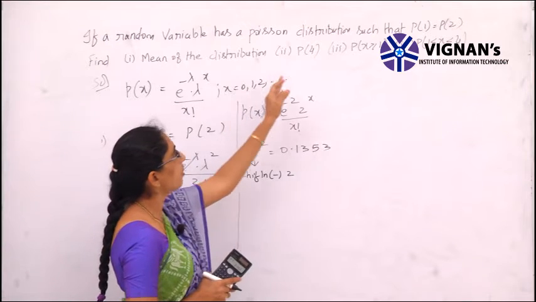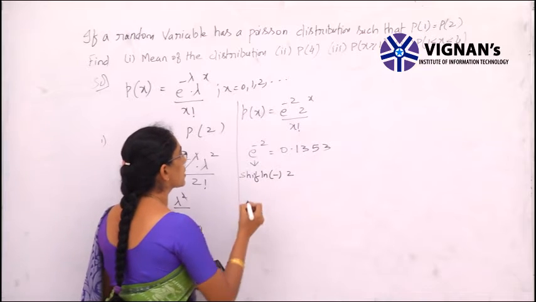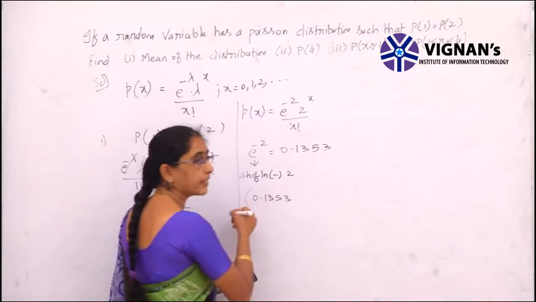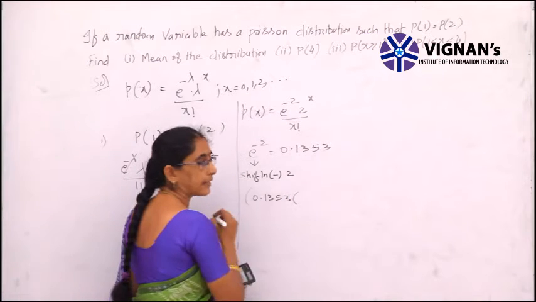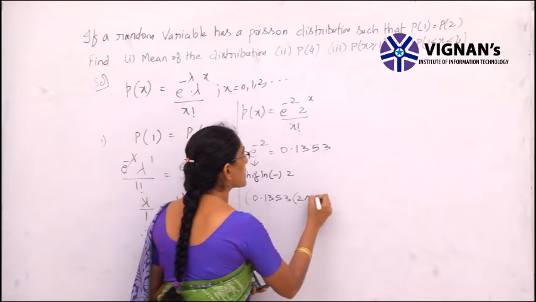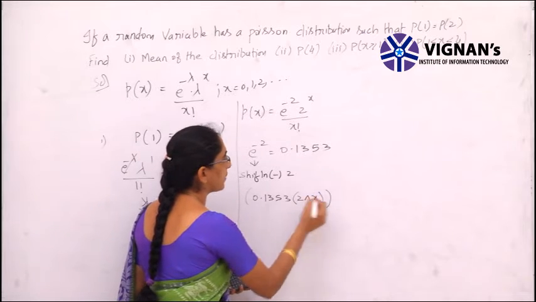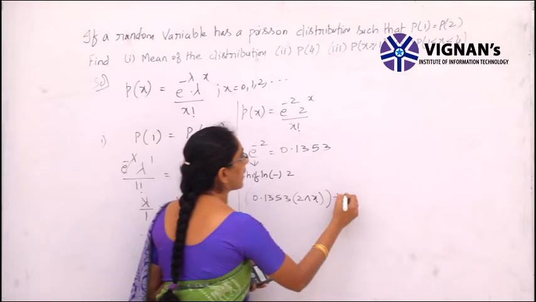Now to get the remaining second, third and fourth bits, in the calculator you just give the equation as 0.1353, open the bracket and give the e power minus 2 value, into again open the bracket, 2 power x, for that lambda power x, close the bracket for the entire numerator, then divided by x factorial.